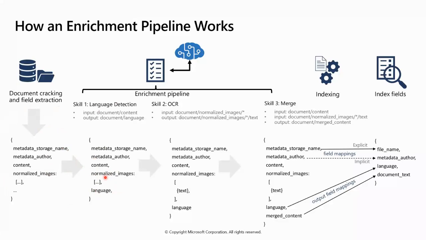Now, normalizing the image data in this way enables us to use the collection of images as an input for skills that extract information from image data. Each skill adds fields to the document. For example, a skill that detects the language in which a document is written might store its output in a language field like this.